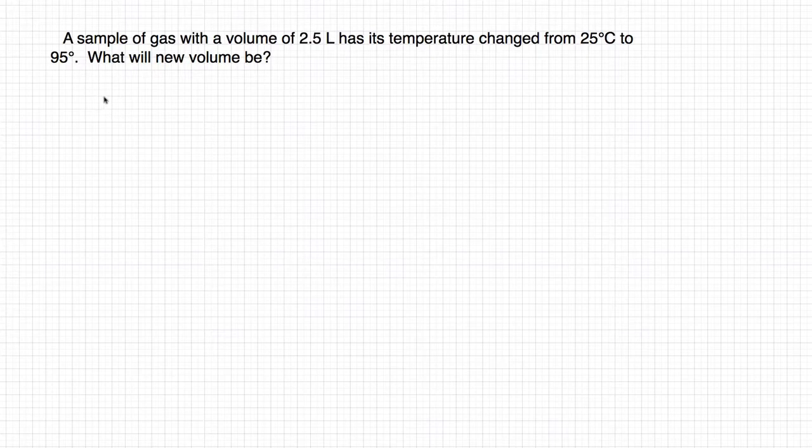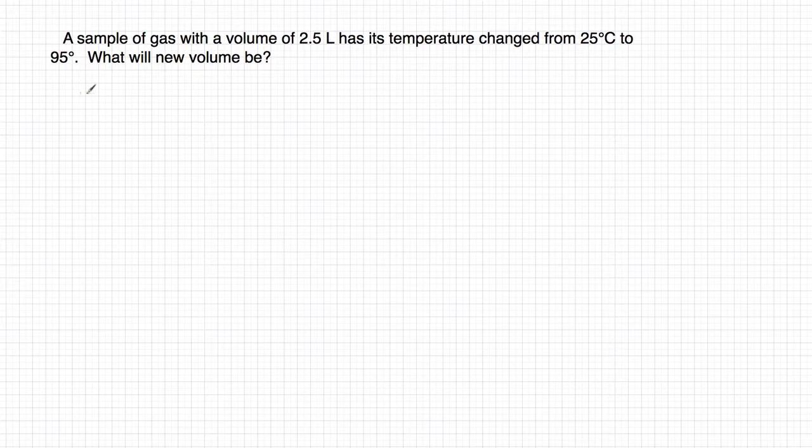So the first thing we want to do is write down the equation that we're going to apply. And you'll notice that we have changing conditions here. We're starting with a low temperature, we're going to a high temperature, so this is clearly a case for the combined gas law equation.